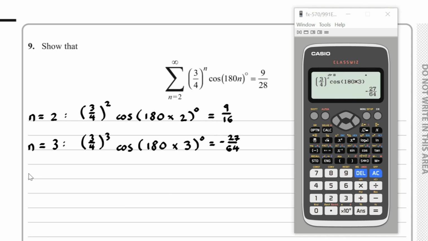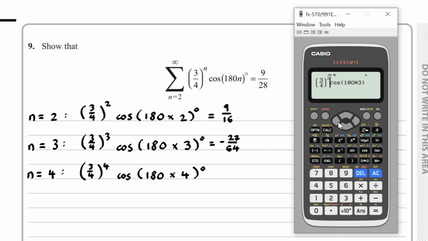And when n equals 4, we have 3 over 4 to the power of 4 times by the cosine of 180 multiplied by 4 degrees. So if I work out what this is, we end up with 81 over 256. And we could continue on.